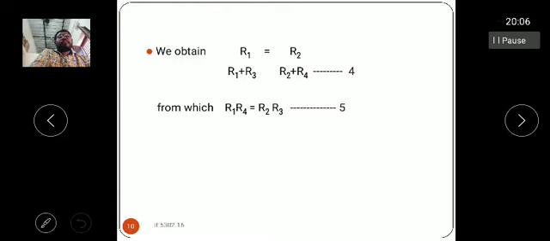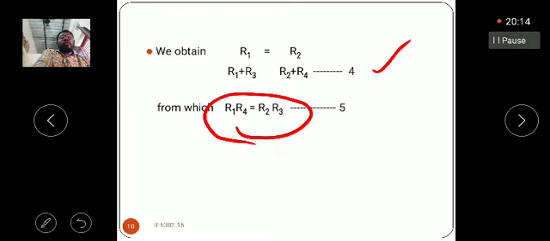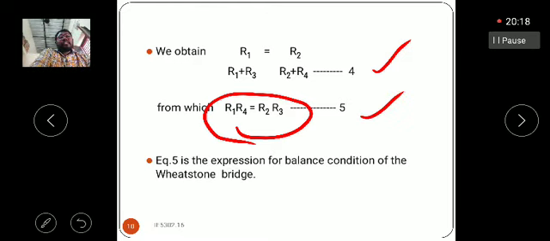This is equation 4. Based on this we get another ratio, that is, R1 into R4 is equal to R2 into R3. This is equation 5, the expression for the balanced condition of the Wheatstone bridge.